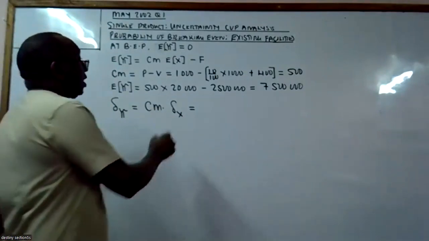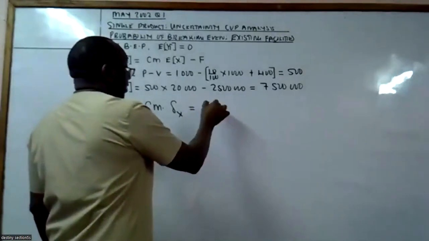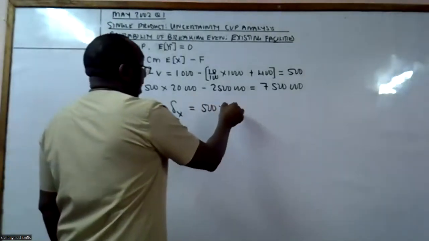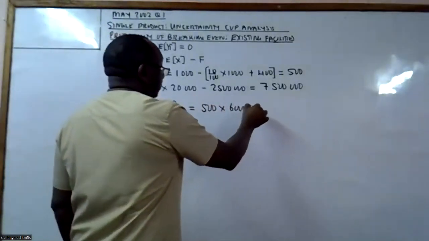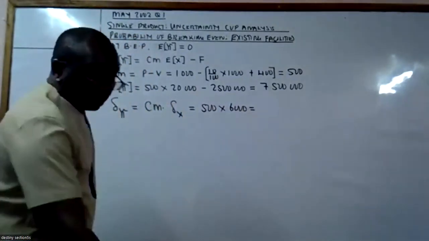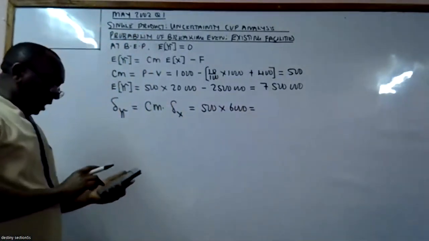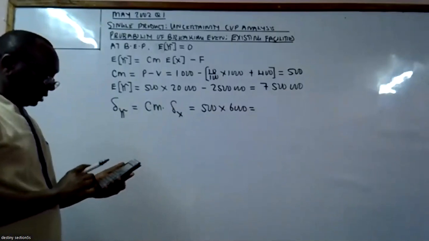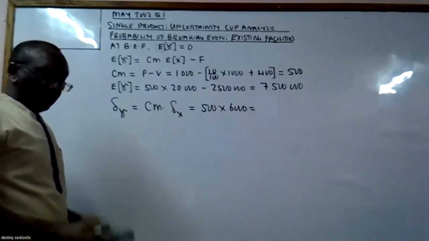So this one will be 500, you multiply by 6,000. If you check in your calculator, 500 times 6,000 is 3 million.